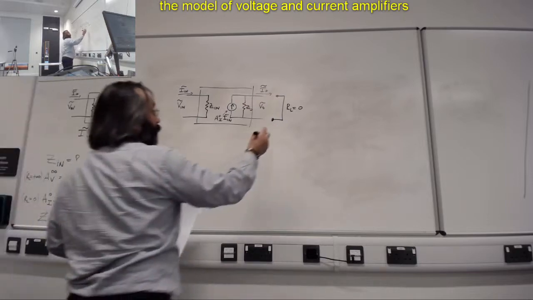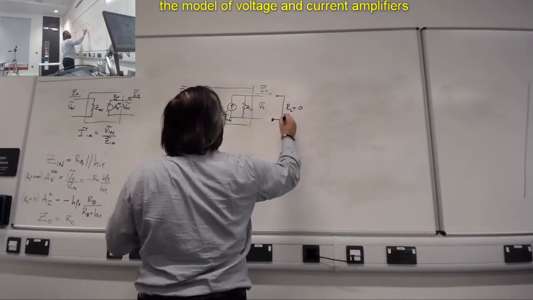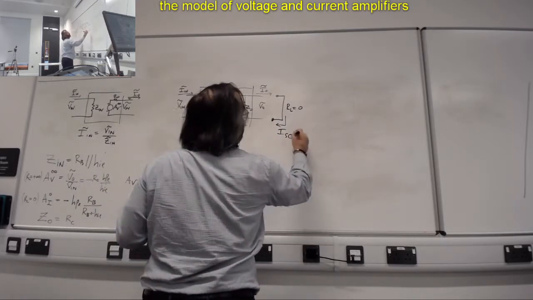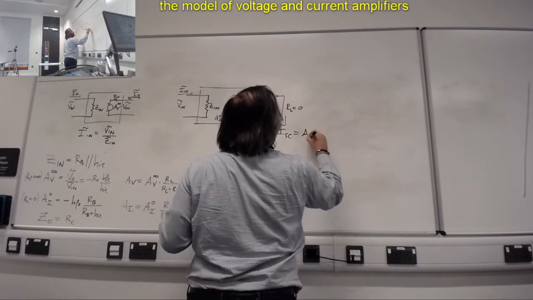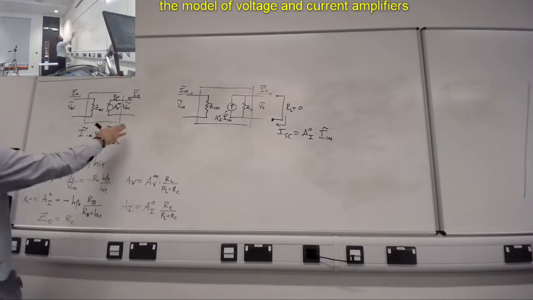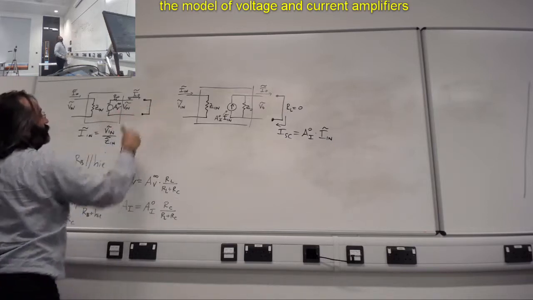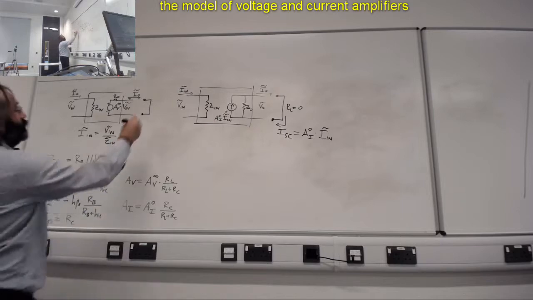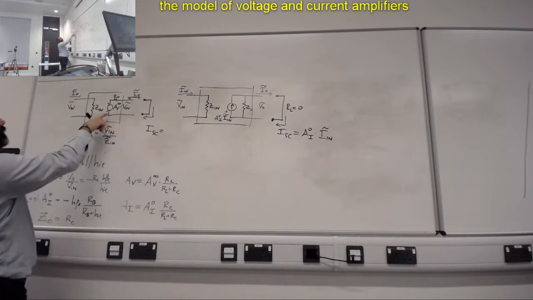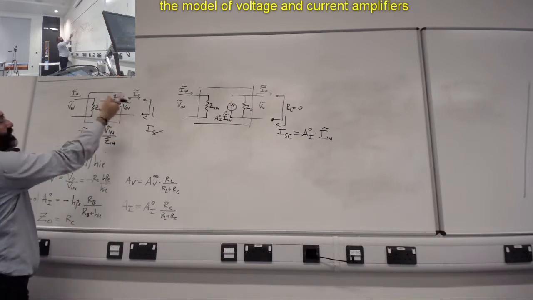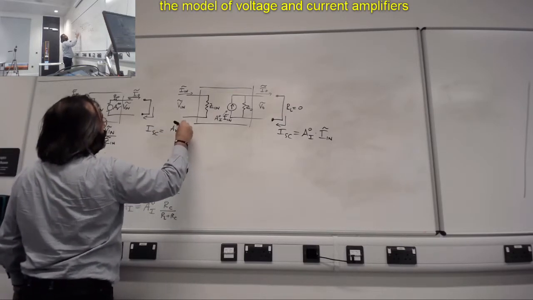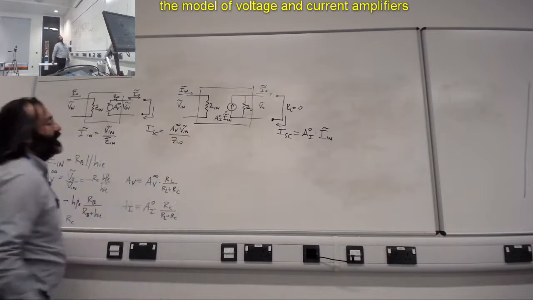There will be a short circuit current that is exactly AI0 times I in. On this side, if I was to short, what would be the short circuit current? I have this voltage divided by the only impedance existing. So it would be AV infinite times V in over Z output.